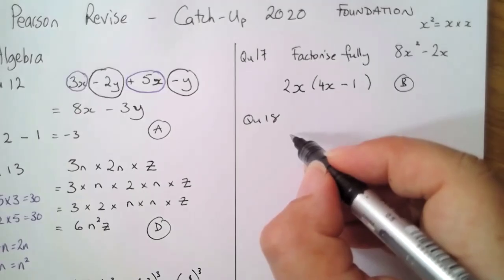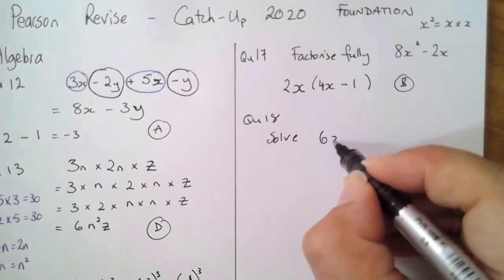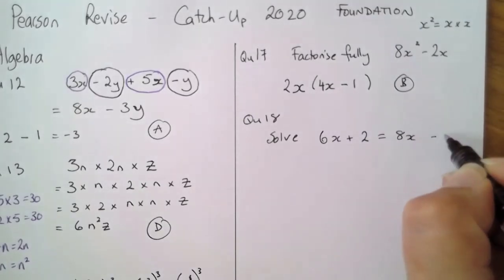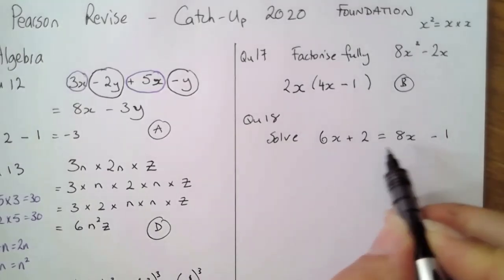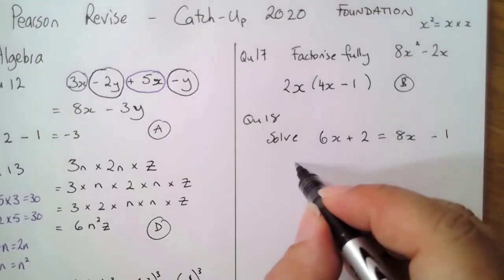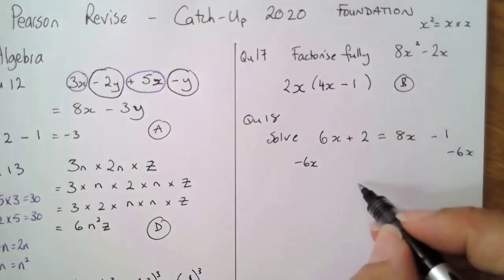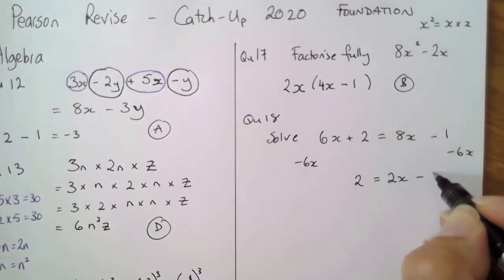Okay, this is solve: 6x + 2 = 8x - 1. We have to make sure all the x's are on one side. We choose the smallest number of x's, and we're going to subtract it from both sides. 8x subtract 6x.